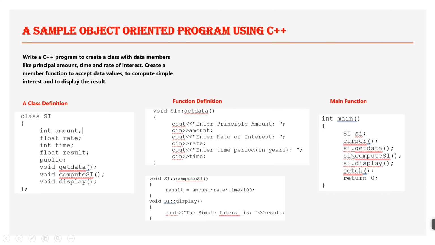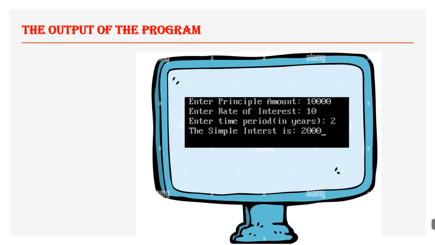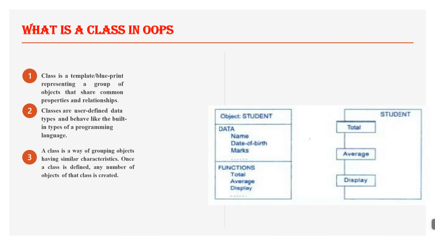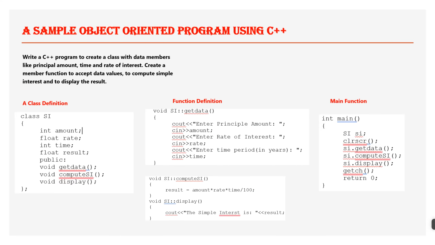So the output looks something like this. Enter the principal amount, whatever you enter; the rate of interest, you entered; enter the time period, you entered; the simple interest becomes 2000. So here my objective is very simple: to explain what is an object, what is the importance of a class, what are the contents of the class, and how you call the functions, which are called member functions, outside the class, because you have declared them as public.